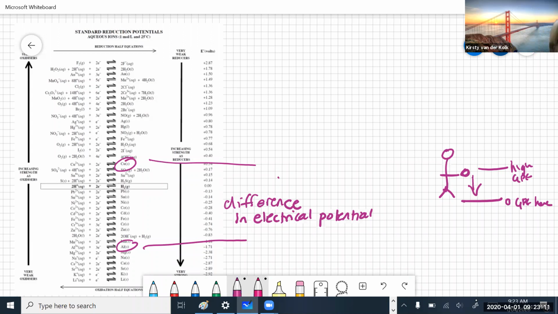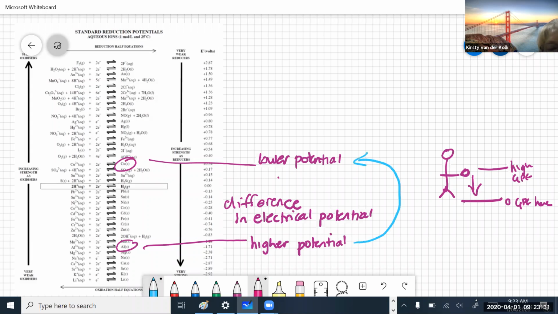Well, here our copper has a lower electrical potential, and our aluminium has a higher potential, so what we're going to look at is the electrons wanting to go from higher potential to lower potential.